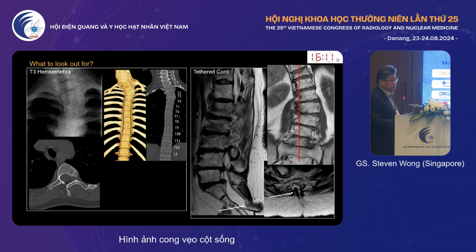Patients with tethered cord are another category where, because of the shortened thecal sac or the shortened length of the cord, and the cord has problems lengthening, the spine cannot elongate or grow as normal.